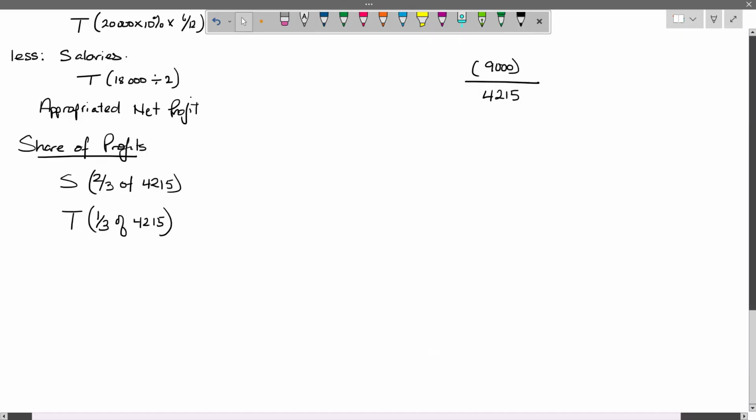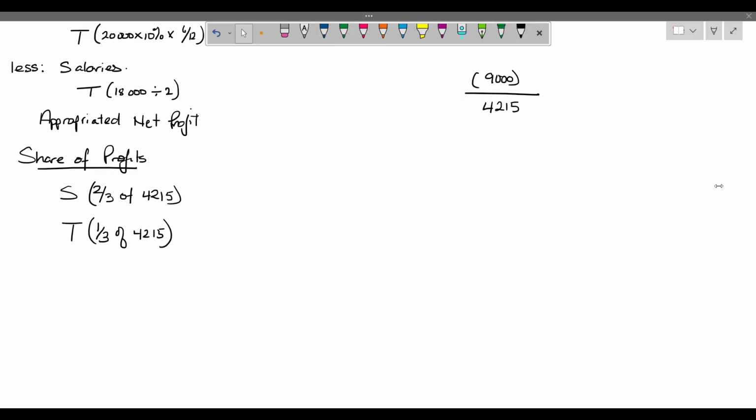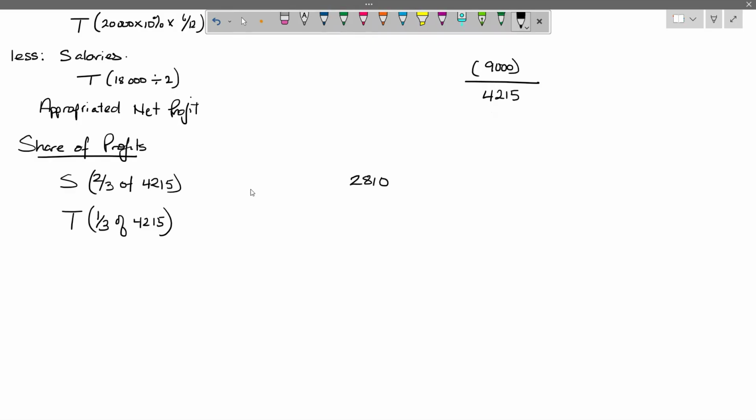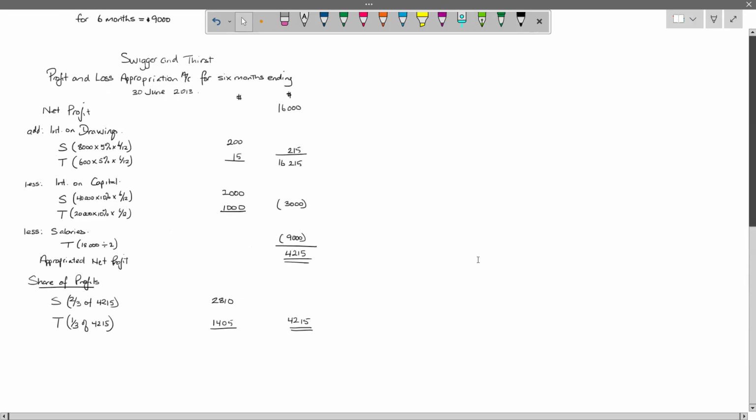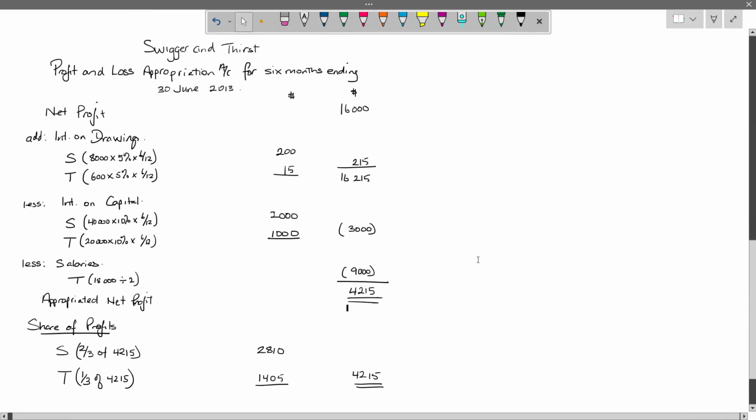Grab a calculator. 4,215 divided by 3, multiply by 2: 2,810. And 1,405. 4,215. Double lines. And that is our profit and loss appropriation account for both of them, Swigger and TUS.